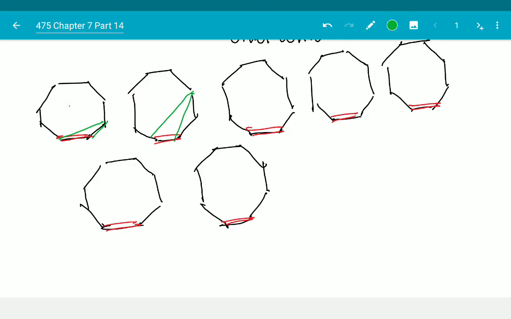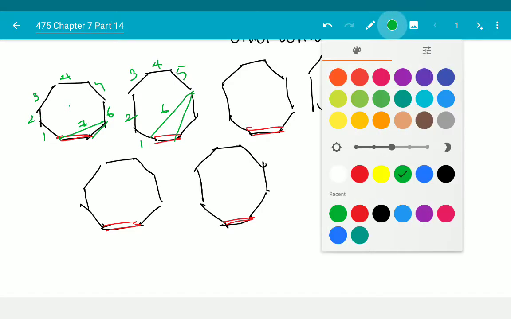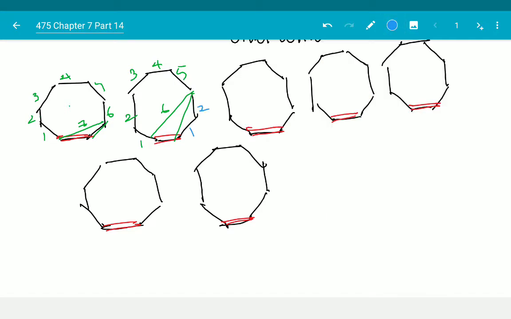In the first case, I divided it into a region with 7 sides and the other, what we will call a region with 2 sides. In this case, I have 6 sides and 3. So 7 plus 2 was 9. Here I have 6 plus 3, 9.